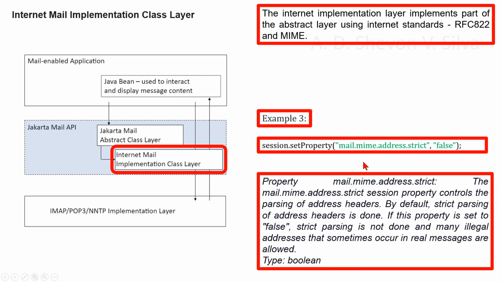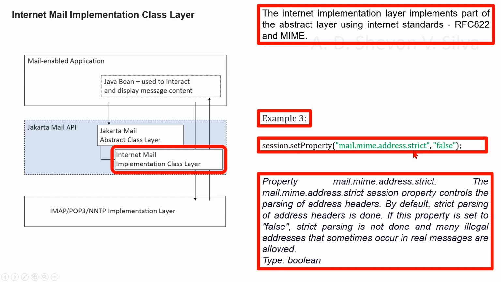As an example 3, we can consider the property mail.mime.address.strict. The mail.mime.address.strict session property controls the parsing of address headers.